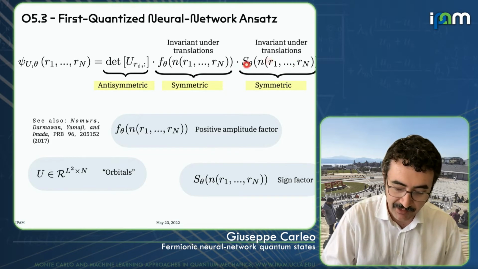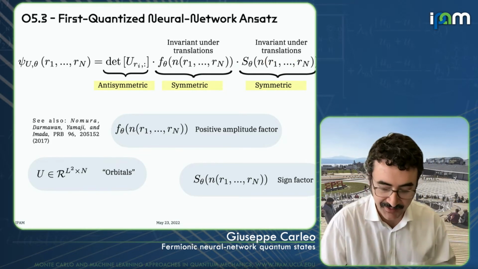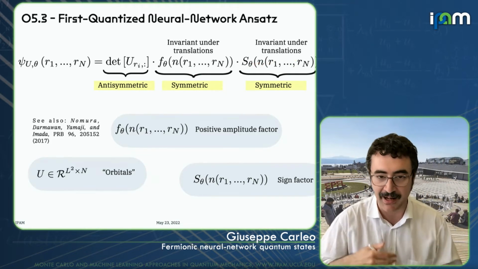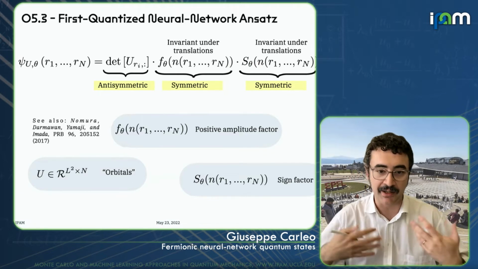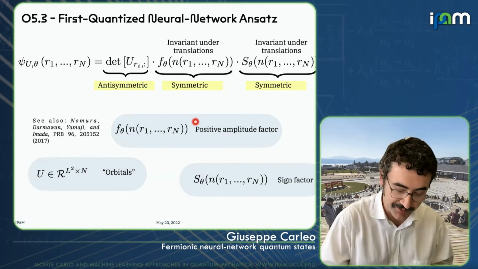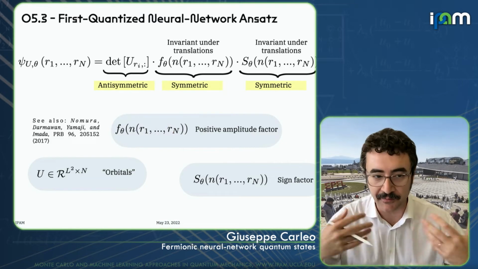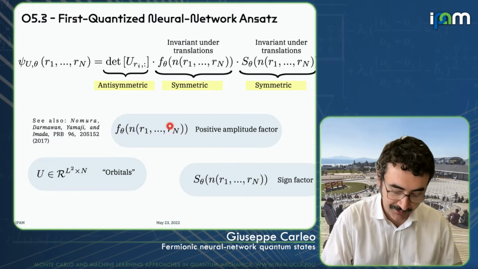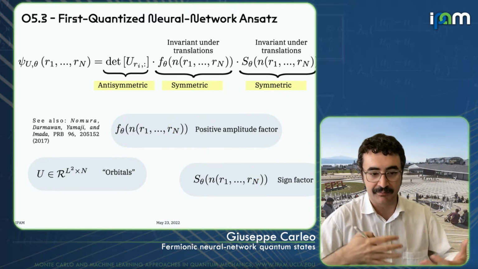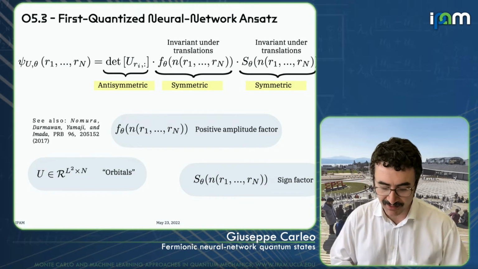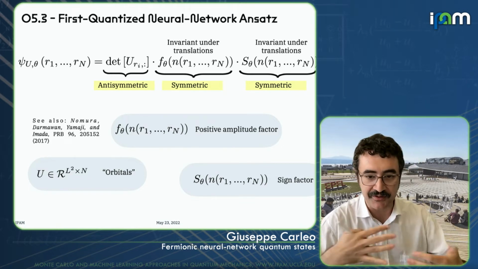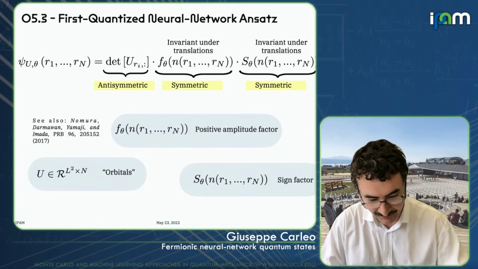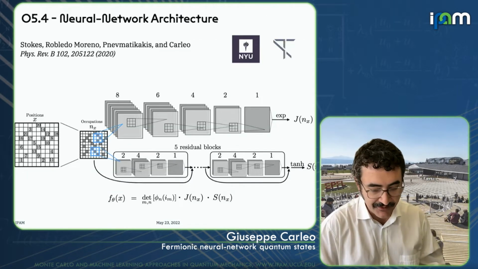And then you multiply everything also by a sort of sign function, and both these functions are parameterized by neural networks. So this is the equivalent of a generic many-body Jastrow factor, and this is a sign factor that doesn't have a strict equivalent in terms of Jastrow, but that can change sign at will. So we can change the sign of the wave function at will.